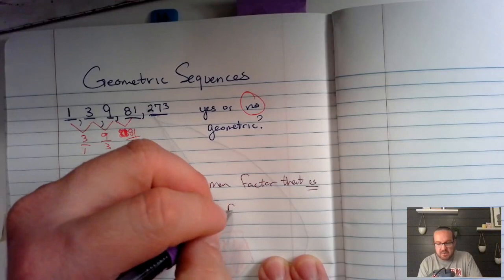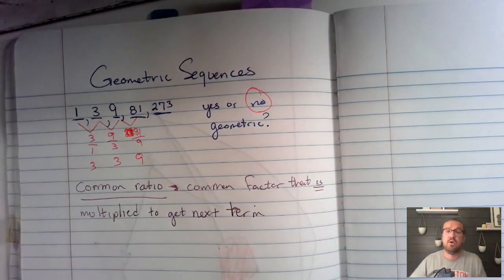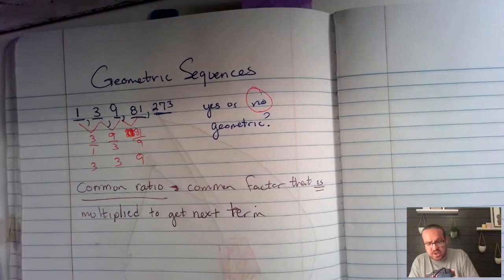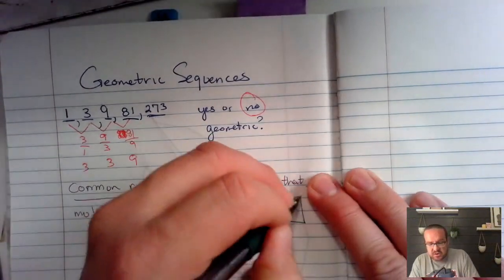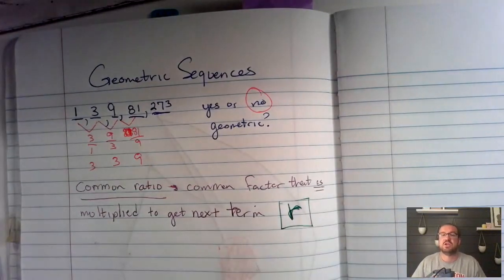And for common difference, we used a D to denote that here. Well, for common ratio, we're just going to use the letter R for this right here.